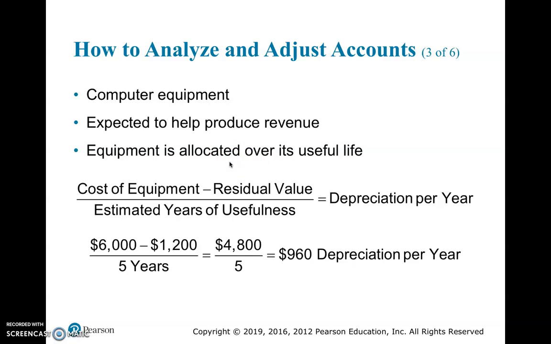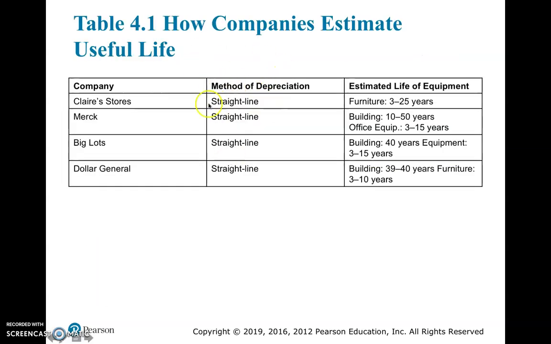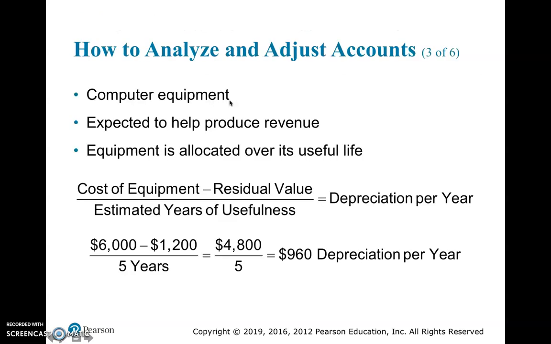In this class, and most companies, use a method called the straight line method. In the straight line method, we will use two estimates. One is the useful life of the asset, and one is the residual value of the asset.